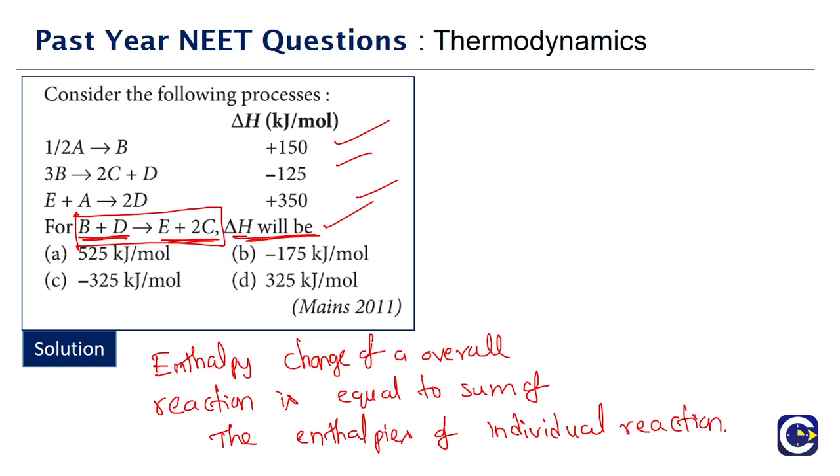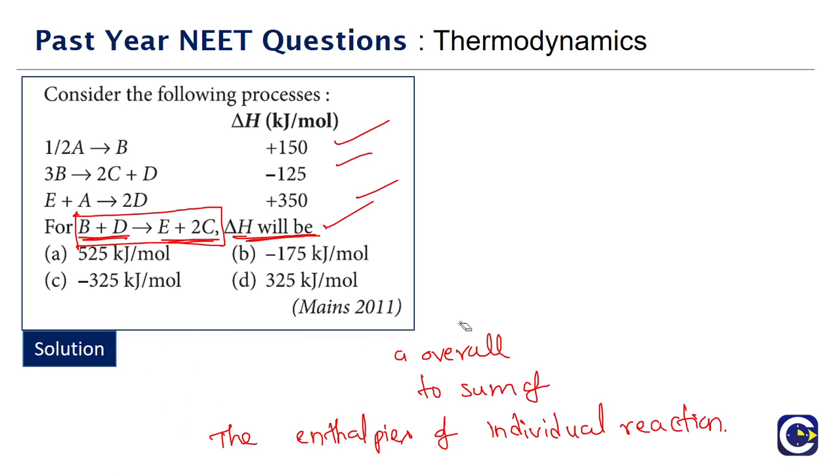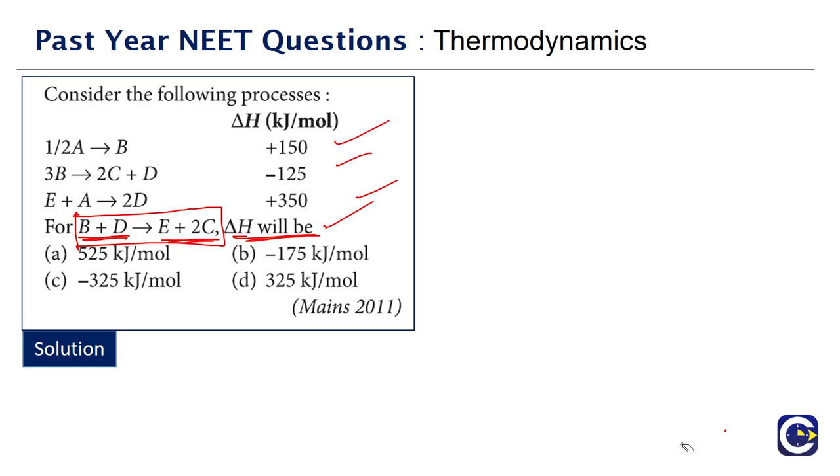So we should arrange the given equations, and we will be required to make some modifications if needed. If needed, we should modify the given equations, and on adding the combination we should get the overall equation. For that, we will take a clue or hint.